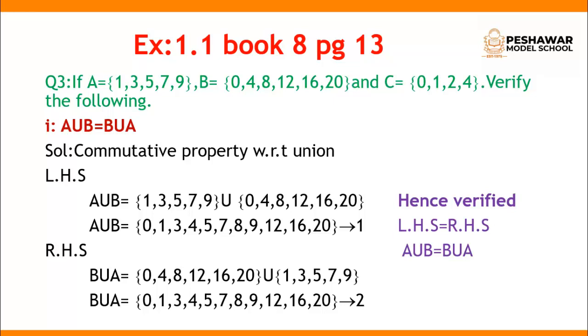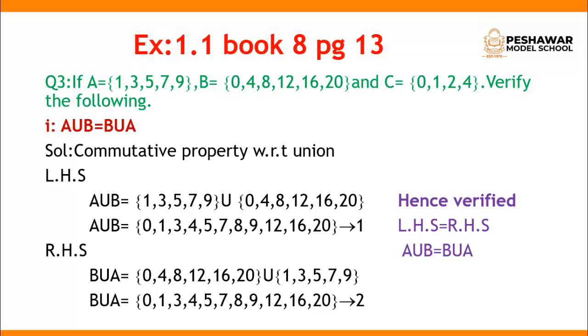Now again which operation do we have to apply here? We put the operation of union. We have to combine B union A and write in ascending order like 0, 1, 3, 4, 5, 7, 8, 9, 12, 16 and 20.